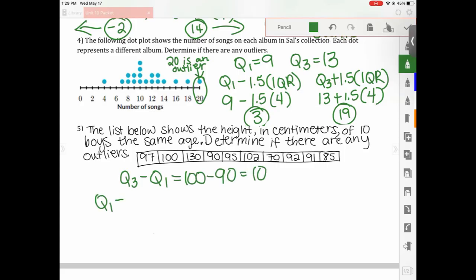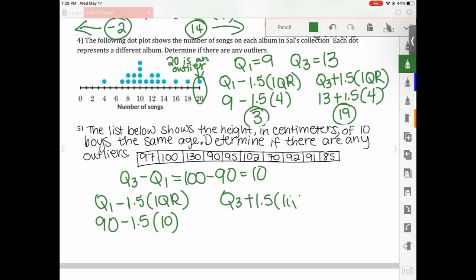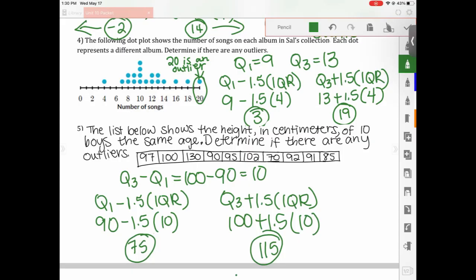So our Q1 minus 1.5 times our IQR would be 90 minus 15, and your Q3 plus 1.5 times the IQR is 100 plus 1.5 times 10. So our lower fence is 75 and our upper fence is 115.